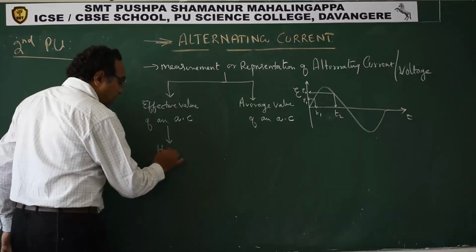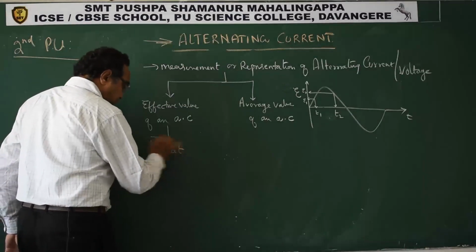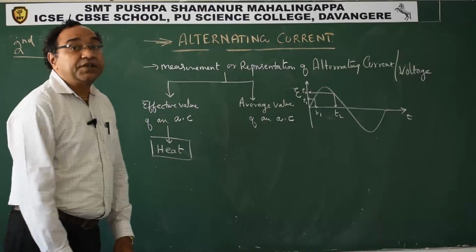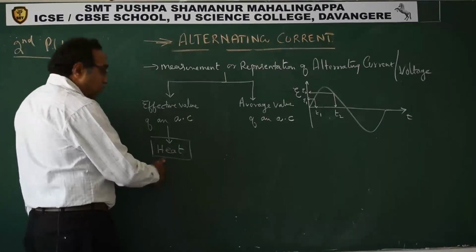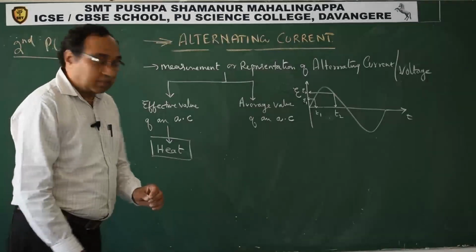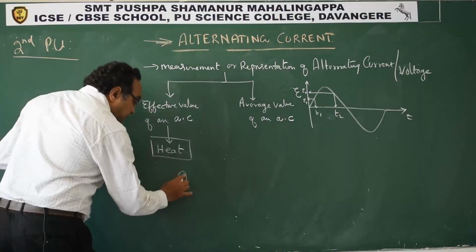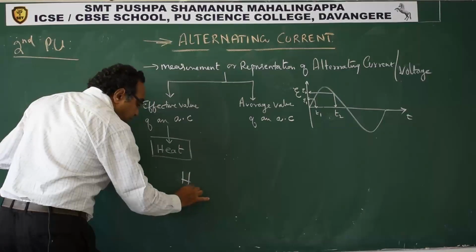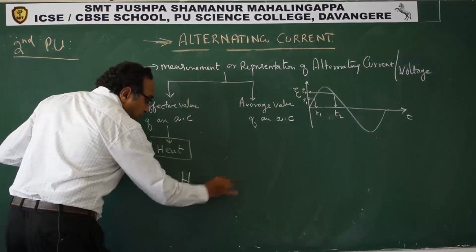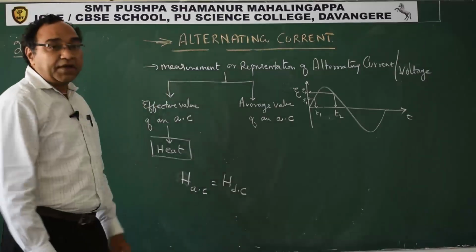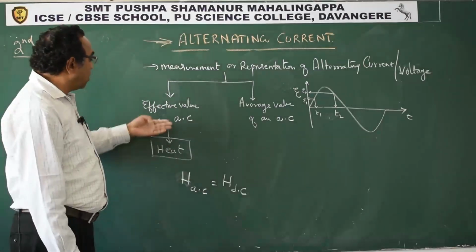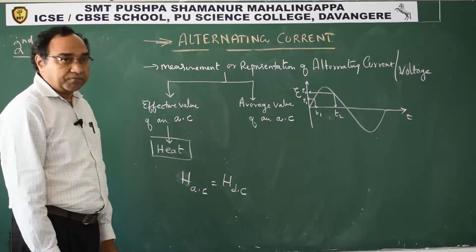We are using our reference as heat: heat generated in a resistor. So how do we measure? Heat generated in AC, heat generated in DC. This is the base for measurement of effective value of AC.